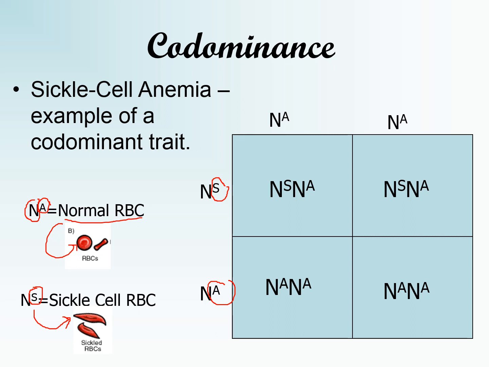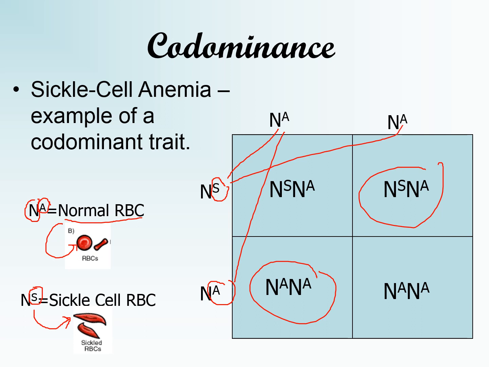One child presenting with this genotype, the second child presenting with this genotype, and the resulting genotypes here and here for these ones. So in this situation, 2 of the 4 kiddos, these 2 down here, are going to present with normal red blood cells.